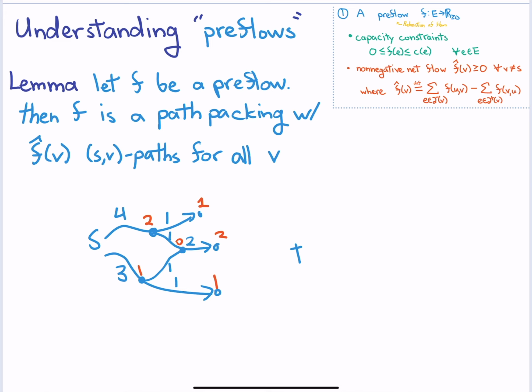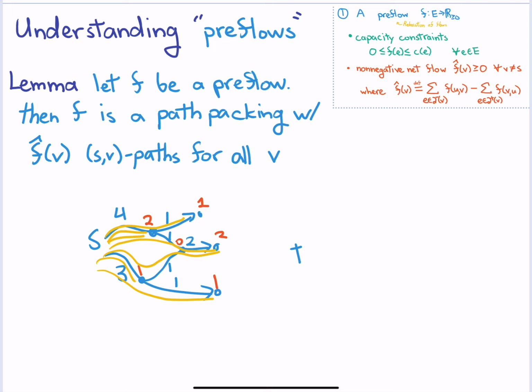Okay, so I'm saying that I can take this picture and break it down into 2 paths to this vertex, 1 path to that vertex, 2 paths to that vertex, 1 path to that vertex, and 1 path to that vertex.